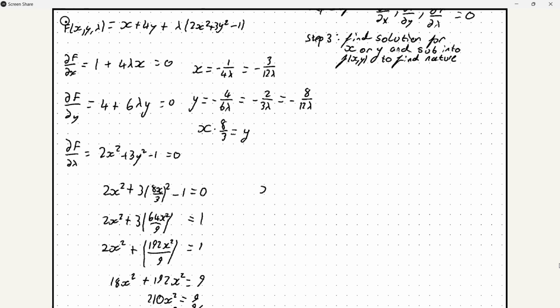So we'll get 8 over 3 times root 9 over 210 equals, let me quickly get the calculator. 8 over 3 times root 9 over 210.